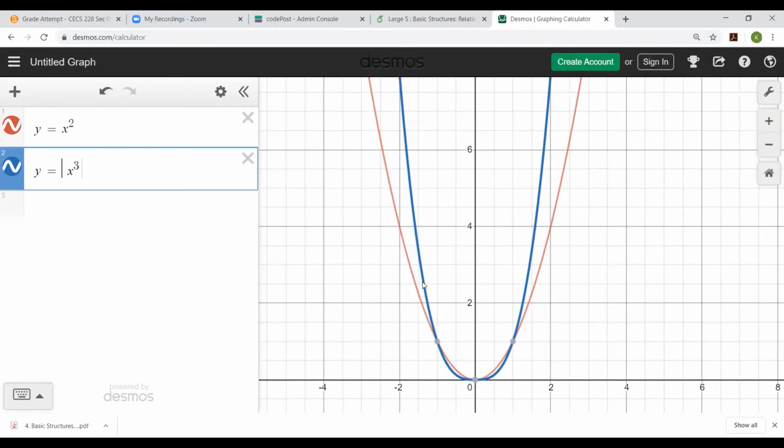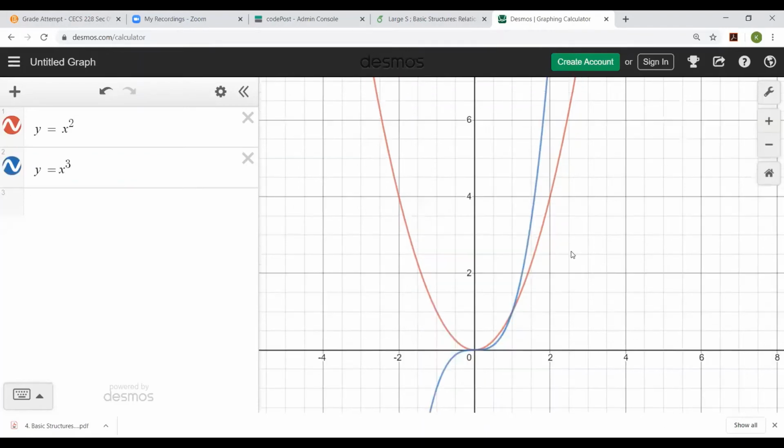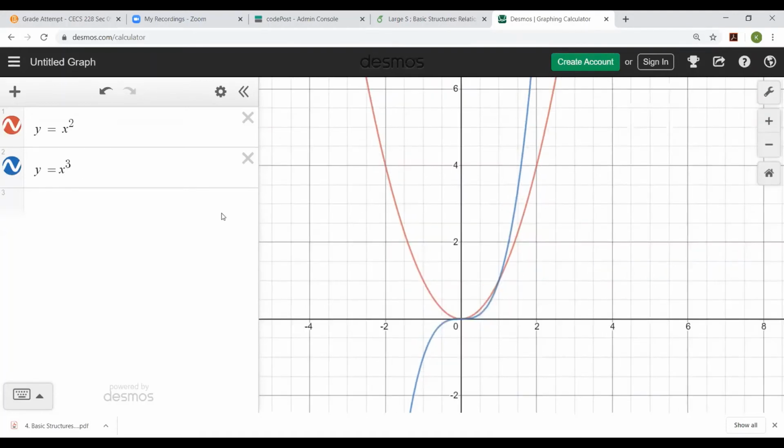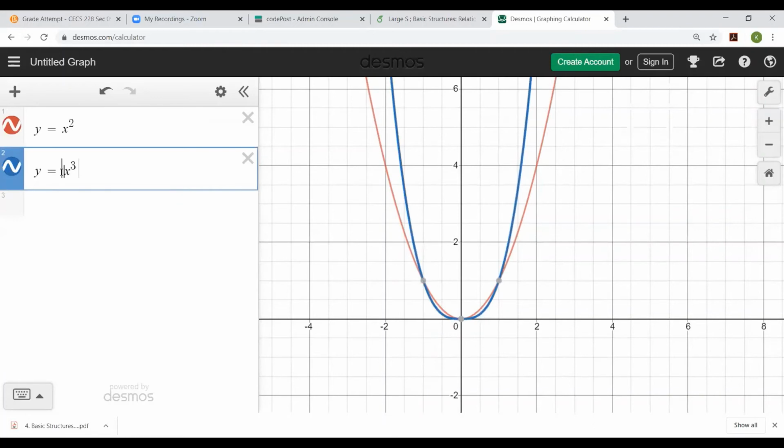In fact, if I remove the absolute value, you can see the usual graph for x cubed, which kind of looks like a tangent graph. And x squared is this red graph that we have here. But I'm going to introduce back the absolute value because our definition for big O uses absolute value. So I just want to show you a comparison of two functions, x squared versus this one here.